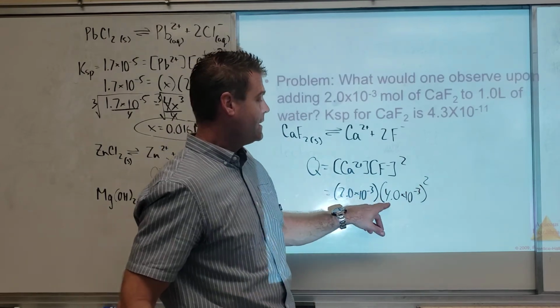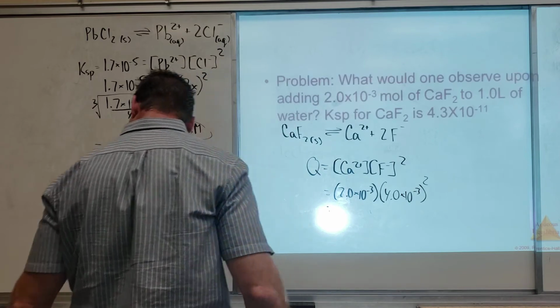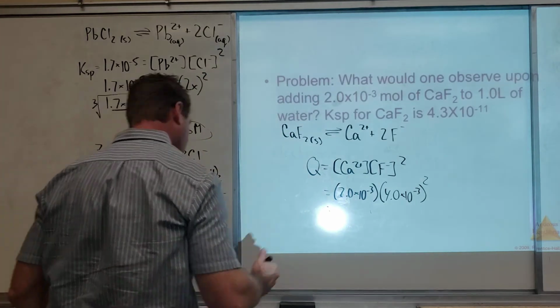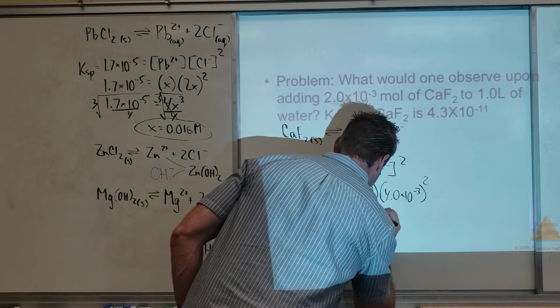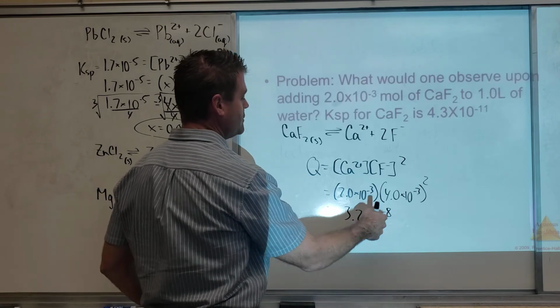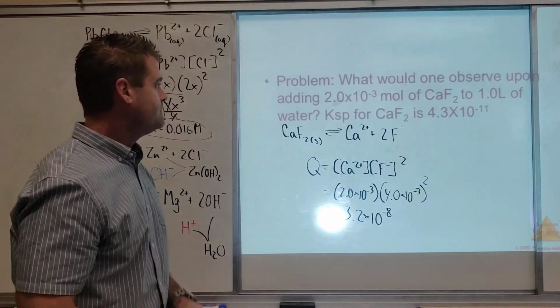Sometimes people double it and forget about squaring it. And so then I'm going to calculate my Q value. I already did this ahead of time. I'm going to get 3.2 times 10 to the negative 8. And you'll notice there are no units because it's an equilibrium expression, or a K value.